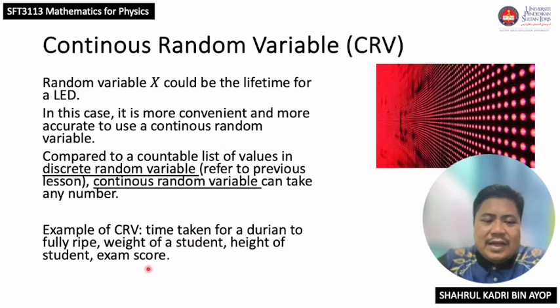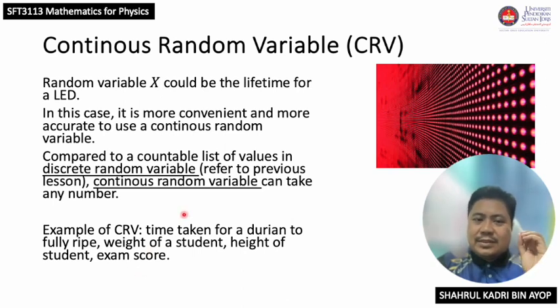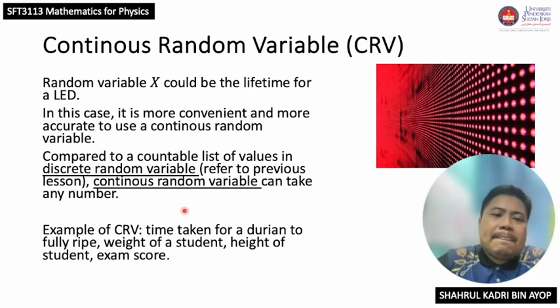Or the weight of a student can be 45 kilograms, 45.1, 45.2. The height of students, 163 centimeters, 164. Exam scores can also be any number. So it is not a particular round number, as is used for the discrete variable. We can have any number, which is represented by a continuous random variable.